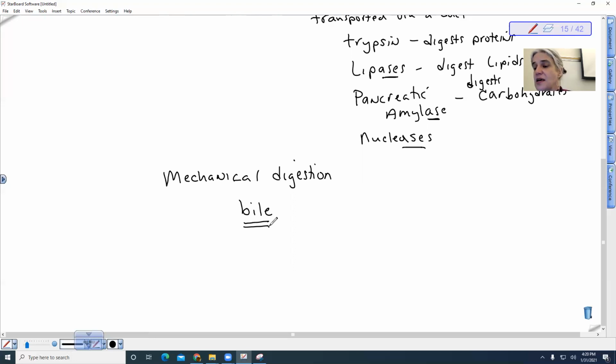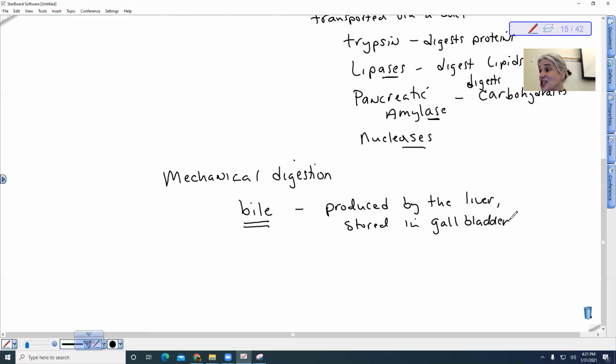So bile is produced by the liver, and it is stored in the gallbladder. It mechanically digests fats. So we have what are called fat globules.